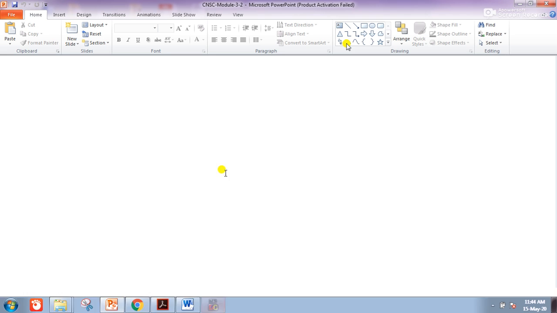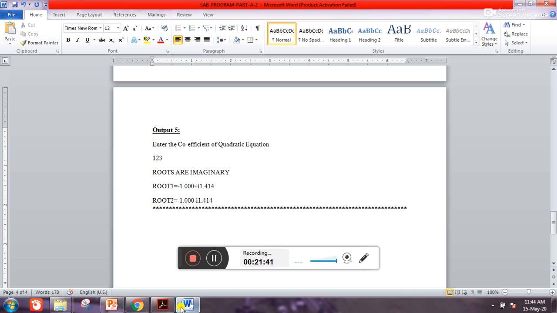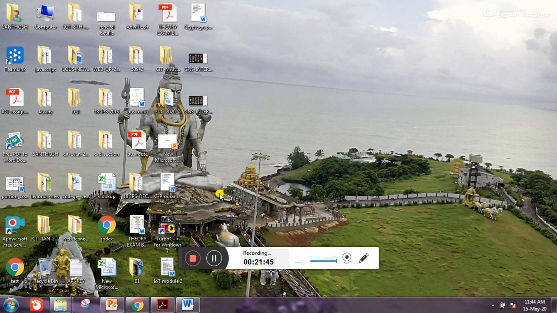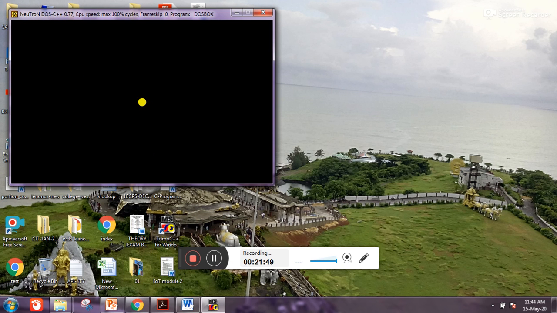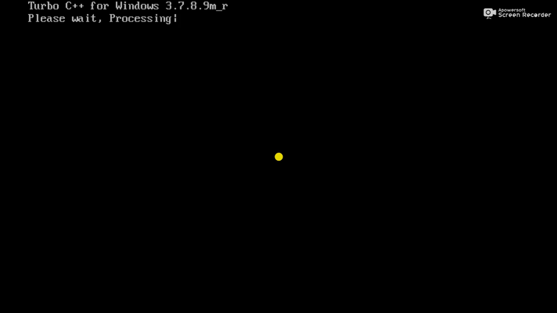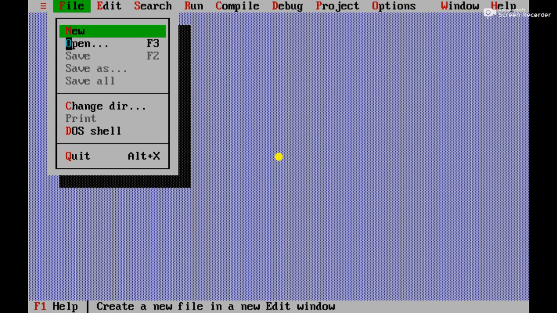Try to execute all the conditions and then get the outputs. Wait, I will show you. Something went wrong. I will show you for complex numbers; we just need to open it.